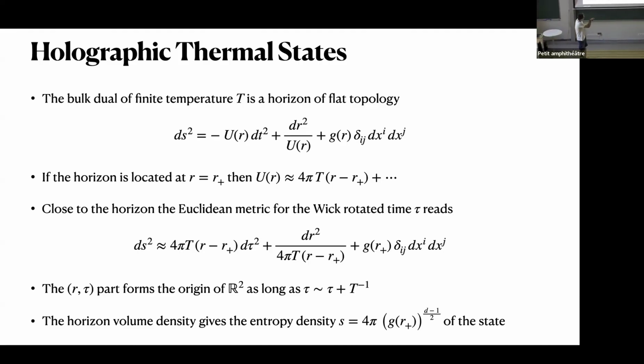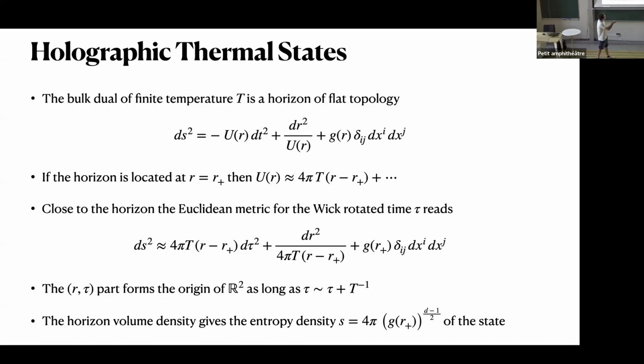For this metric to be regular at the horizon, you have to see that this r-tau part is just the origin of R2, as long as I take tau to have period 1 over T, 1 over the temperature of the system. So as long as I do that, then this metric is regular. And you also see that from the Euclidean point of view, tau has the right periodicity. This is the fastest way you can think about temperature in this context.